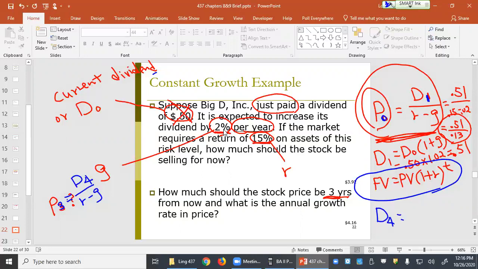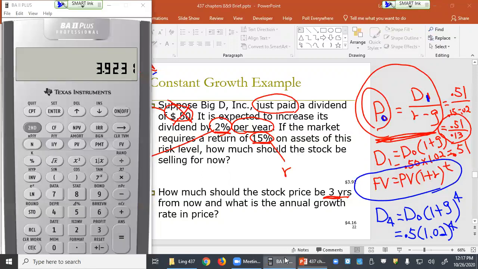D4 equals D0, which is the present value, times 1 plus, in this case, the growth rate, to the power of 4. So you compound that growth rate for 4 periods. So 0.5 times 1.02 to the power of 4. Let's see what we have.